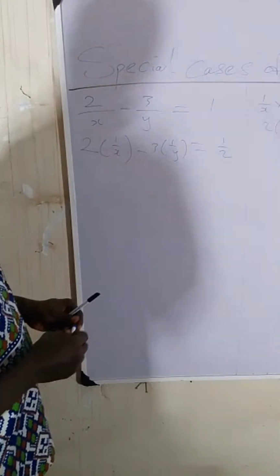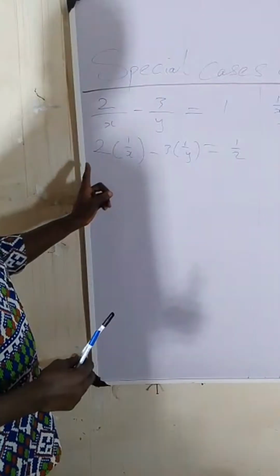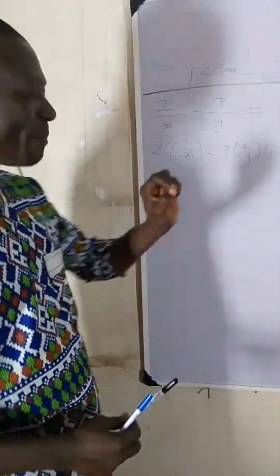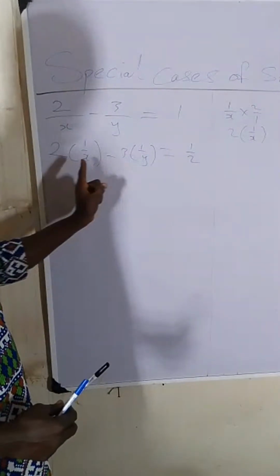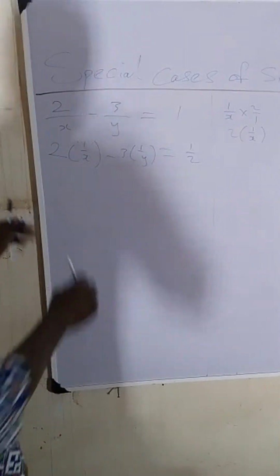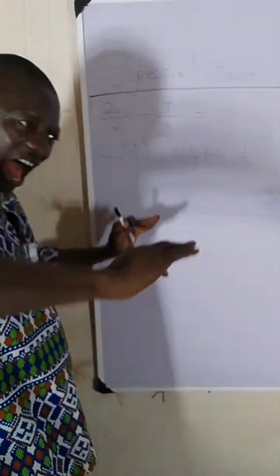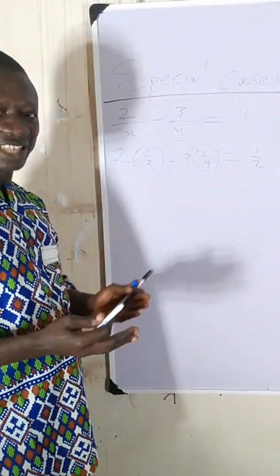When we have it this way, what we are going to do is only to make sure we clear this fraction, because the only thing that makes the fraction here is half. Remember that what we have in this bracket is not considered as a fraction when we are solving it. It should be considered as an unknown, just an unknown, but it is in a parcel.